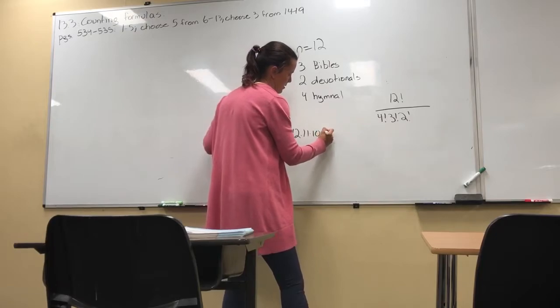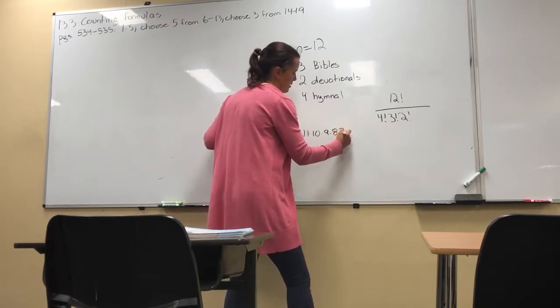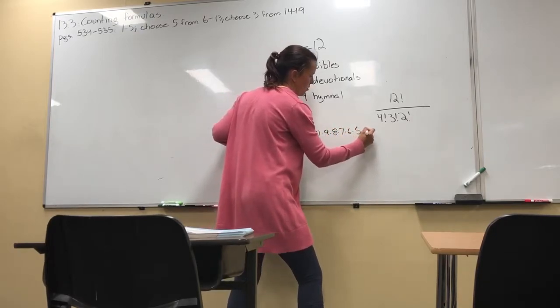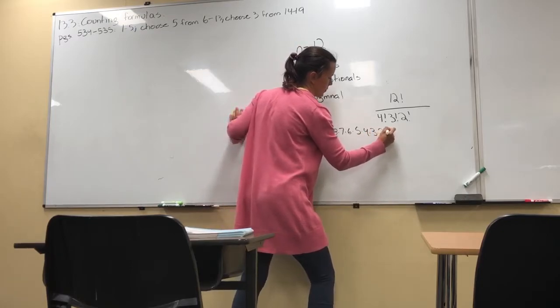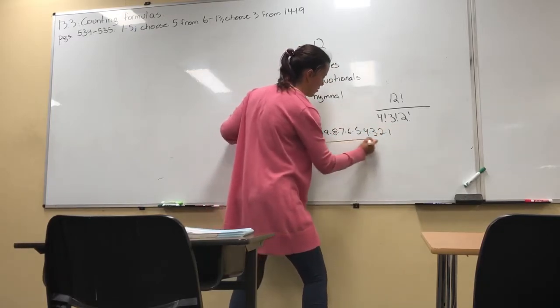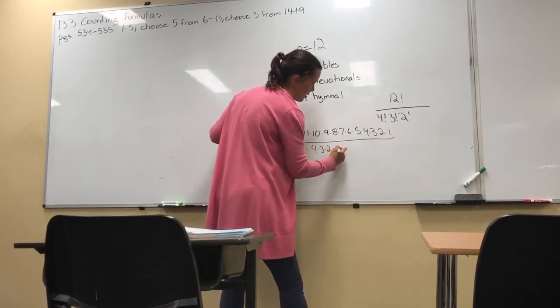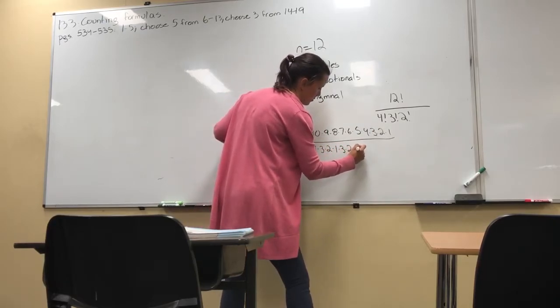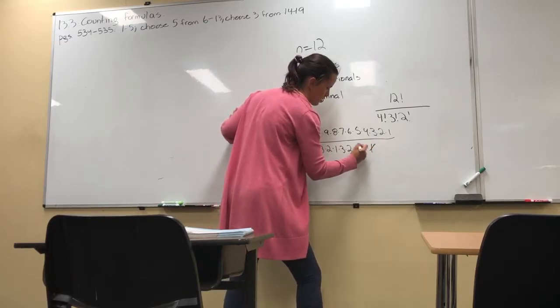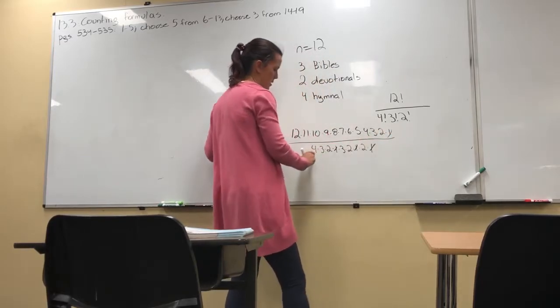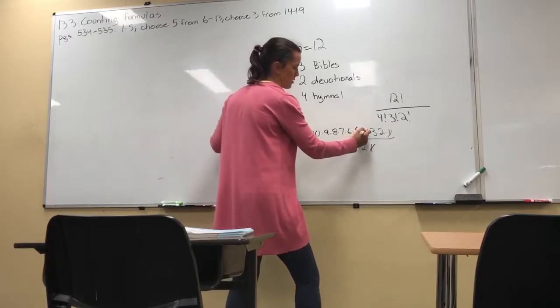So let's expand those out. 10, 9, 8, 7, 6, 5, 4, 3, 2, 1. Then we're going to do it over 4 times 3 times 3 times 2. Again, let's cross out all the ones. And then we have 4, 3, and 2. We can cross them out from here.